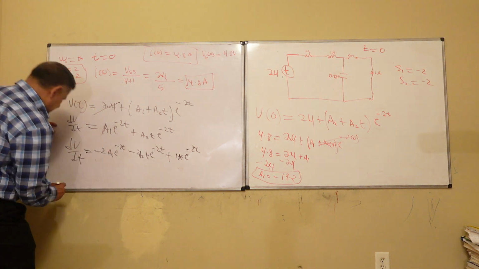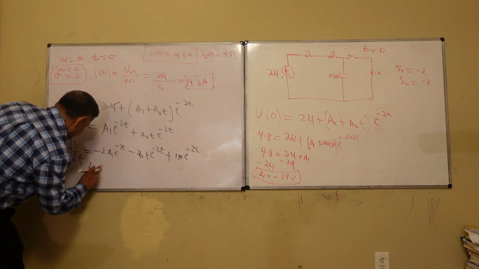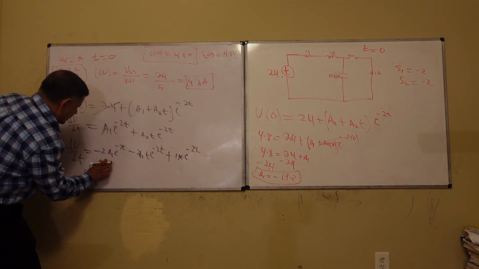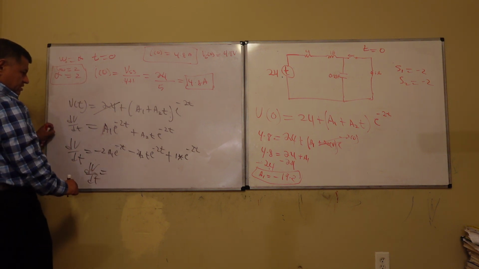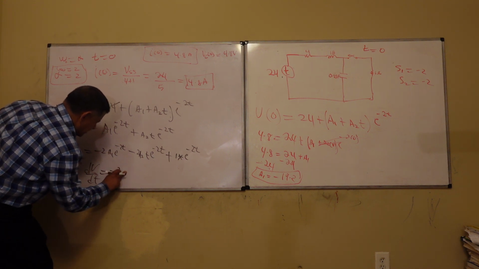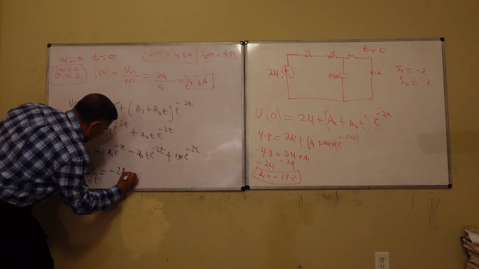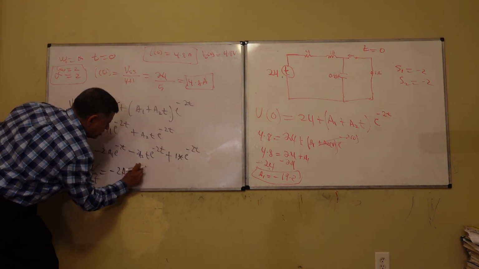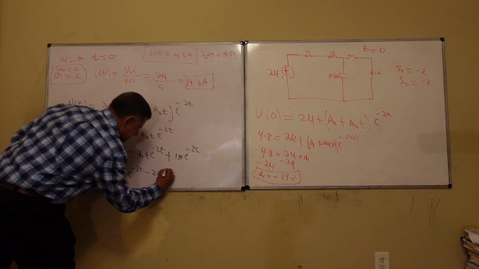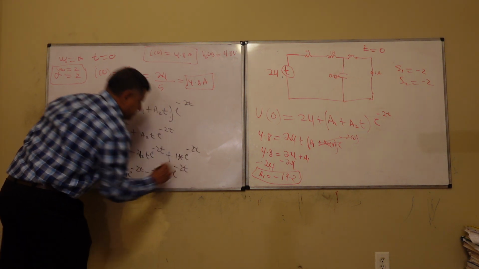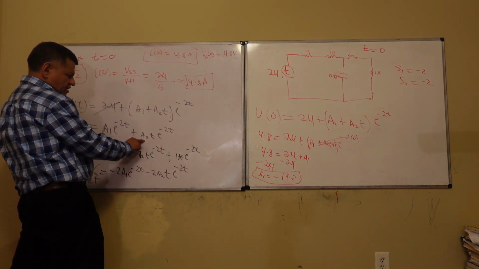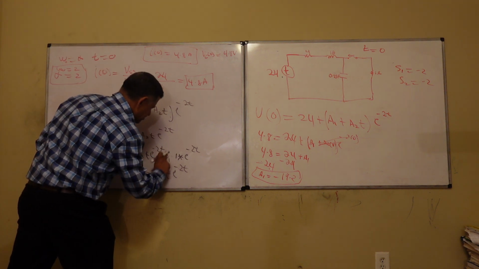So basically, dv dt is going to be equal to 2a1 e to the 2t, minus 2a2 t e to the 2t, plus A2. Remember, that one is a constant, so I still need to keep it over here.